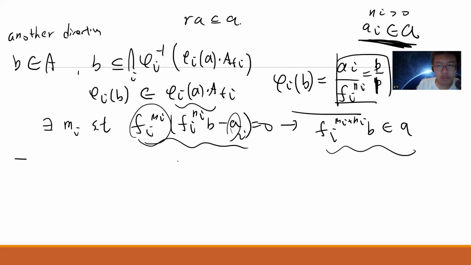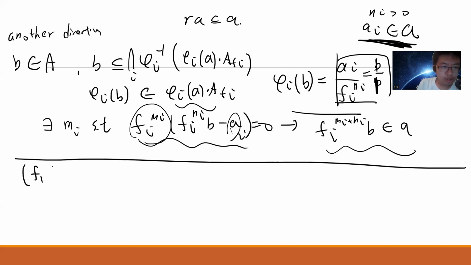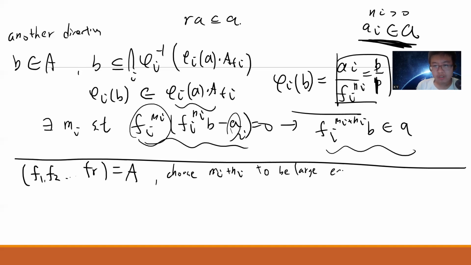Okay, so suppose that f_1, f_2, up to f_r generate the whole ring A. For each i, there's m_i plus n_i, but I can take the least common multiplier of these, so I can choose m_i plus n_i to be large enough such that every m_i plus n_i is the same.